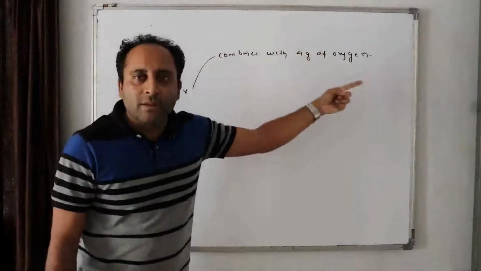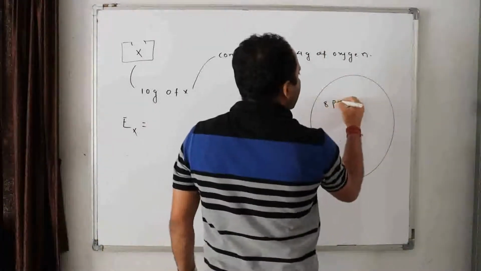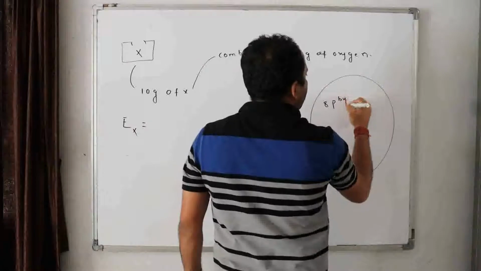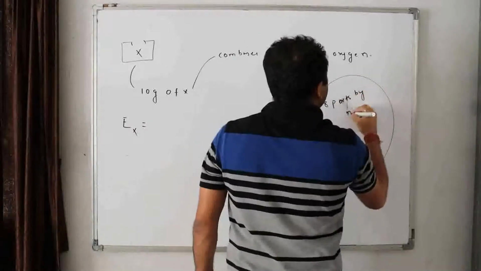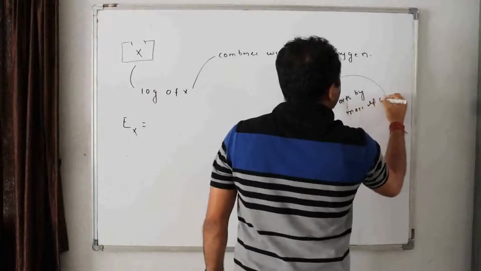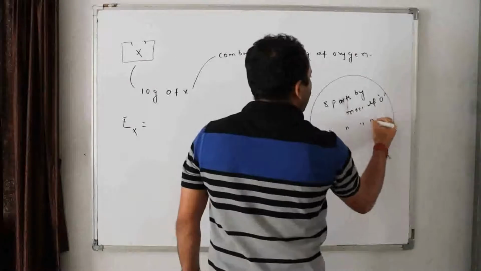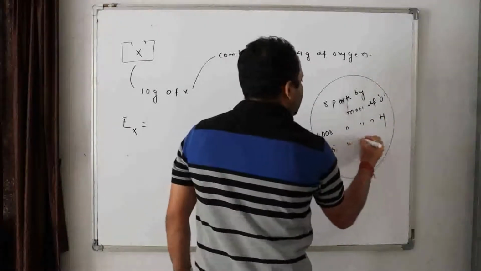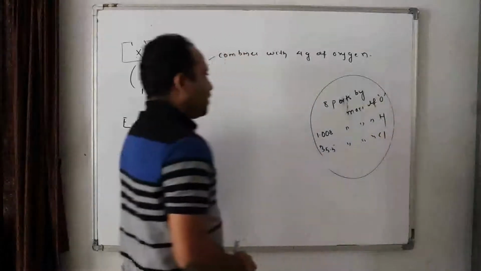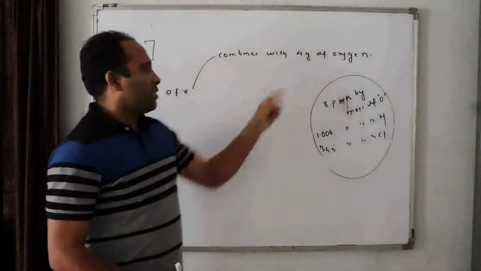By definition, what do we know? We know these things: 8 parts by mass of oxygen, or 1.008 parts by mass of hydrogen, or 35.5 parts by mass of chlorine. Now 10 gram of X combines with 4 gram of oxygen.